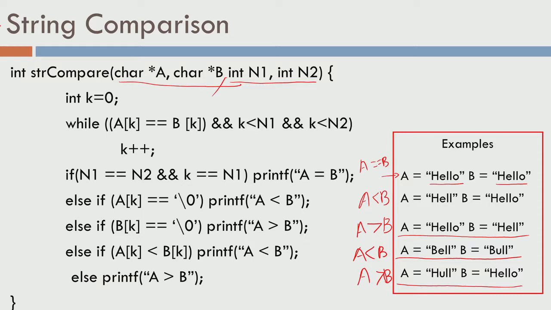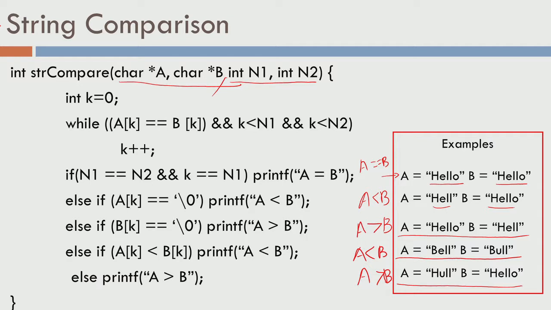Let us see how to detect the condition A less than B. What are the two cases in which A is less than B? I have matching characters for A and B, but A ran out of characters. In this case, hell has only 4 characters and hello has 5 valid characters.